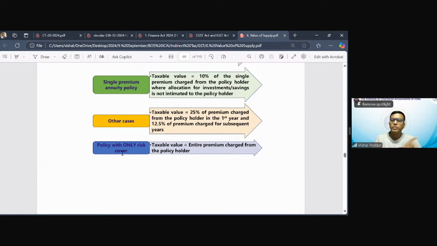If nothing happens, your amount is zero. It means whatever 10, 11, 12,000 they are charging is entirely for covering the risk. It is entirely your premium for insurance. Here, the taxable value is the entire amount of premium. So no deduction from this, no percentage required, because here it is fully insurance.